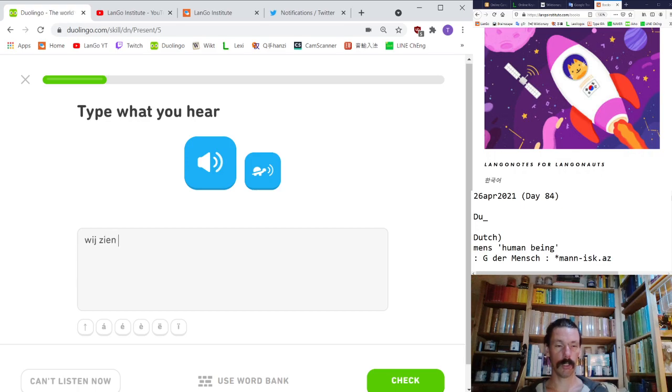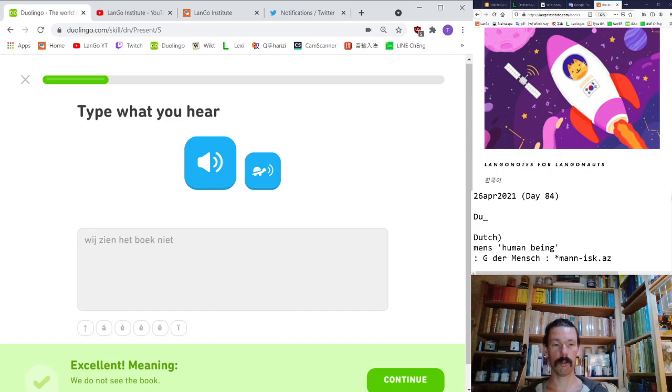We zien, we do not see the book. So here's a definite marker. Book is a neuter noun, so it gets het as the article. Niet: clause-final negation. You see the book not. And here's a good illustration of the fact that the object noun phrase is part of the verb phrase.